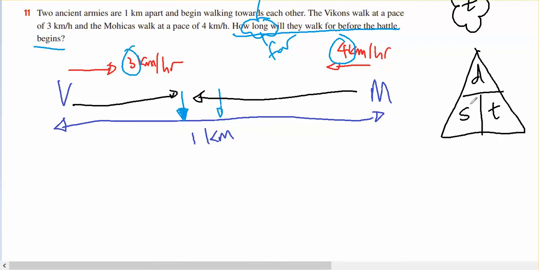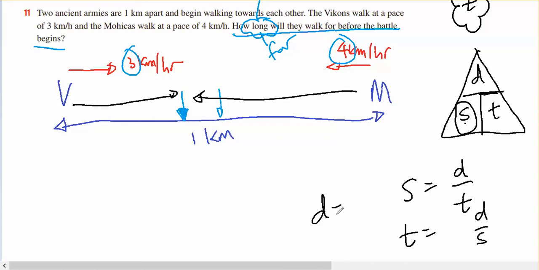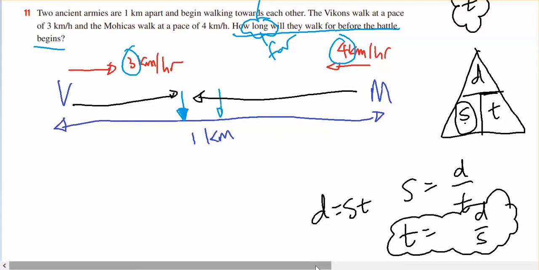But the way I read this is that speed is distance divided by time, as the suggestion of this division line might suggest. That time is going to be distance divided by speed, and that distance is speed times time. So I'm interested in the time, but I need some equations.